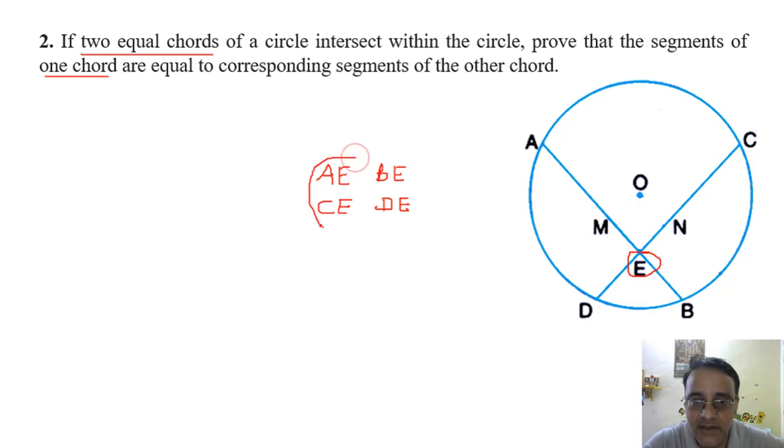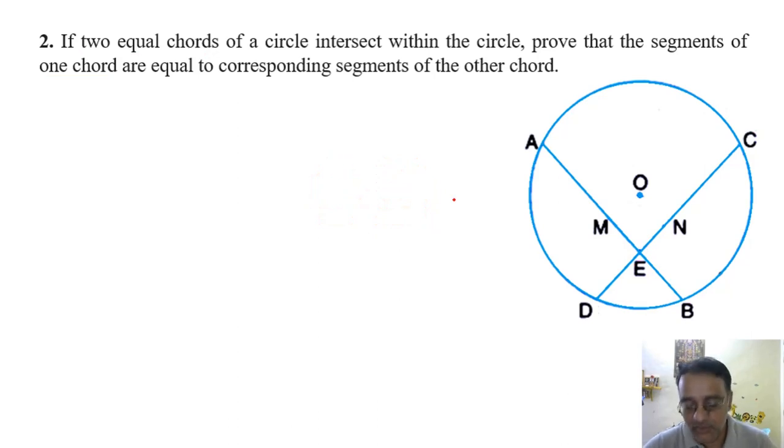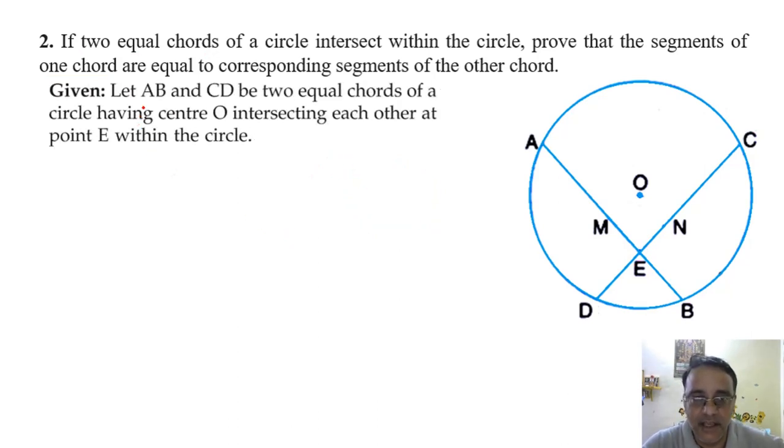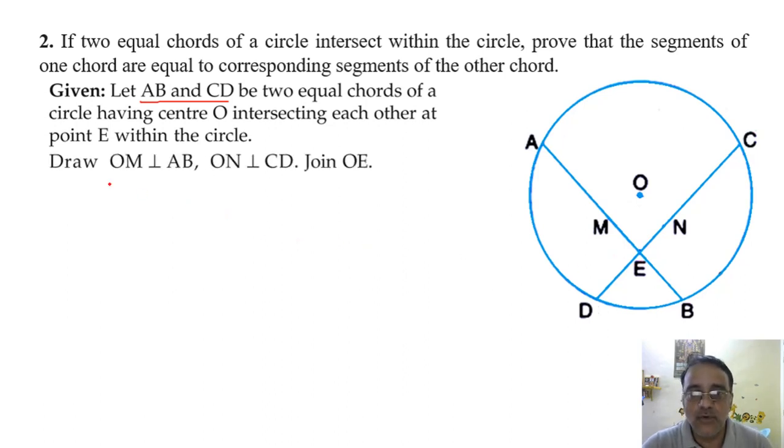That means these two are equal, we have to show. And BE का जो corresponding segment है वो DE है. These two we have to show. Whether what we have to show, that is clear to all of you? Yes, sir. Okay, so let us start with the given: AB and CD are two equal chords of a circle with center O and intersecting each other at point E within the circle, and we are going to draw OM perpendicular to AB and ON perpendicular to CD.